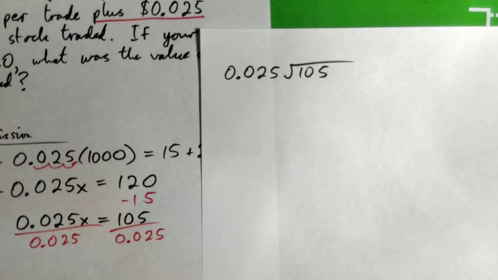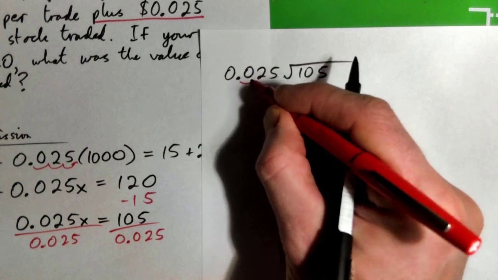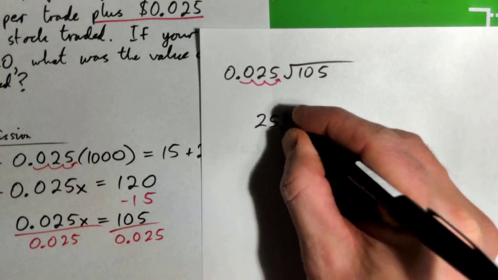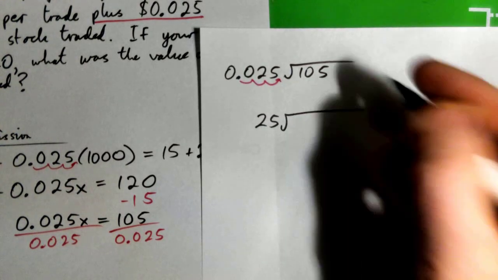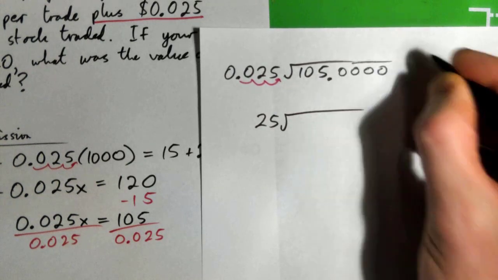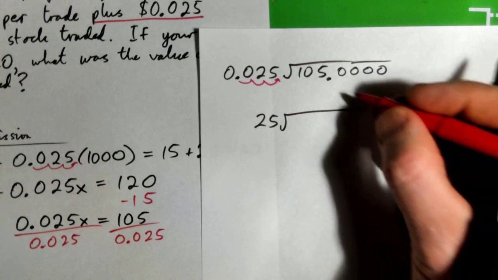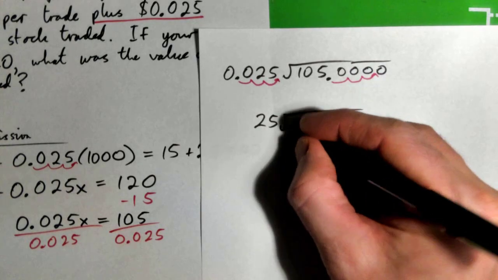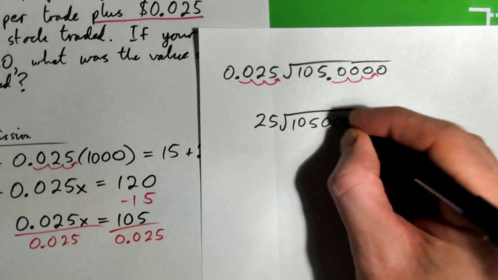We've got to move this decimal point 1, 2, 3 places over so that it becomes 25, a whole number, but then 105 must move over 3 spots as well. Put a decimal point in with a bunch of zeros and move it 1, 2, 3 spots over. So it's 105,000. See that?